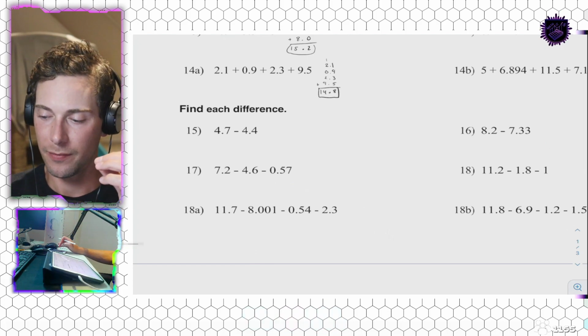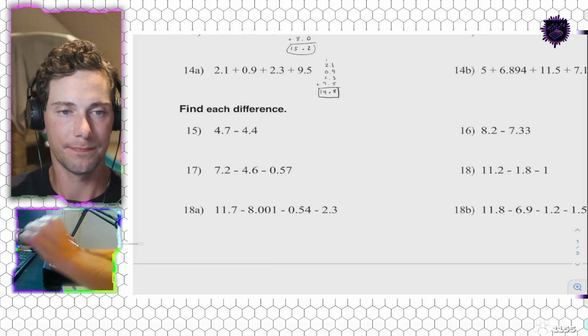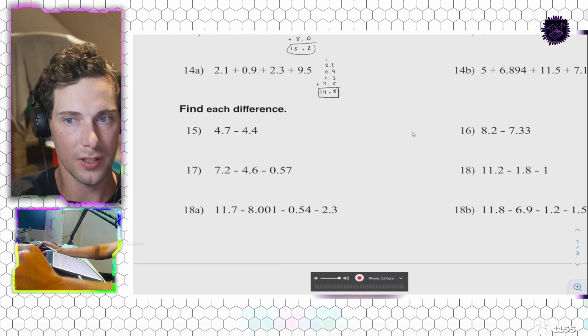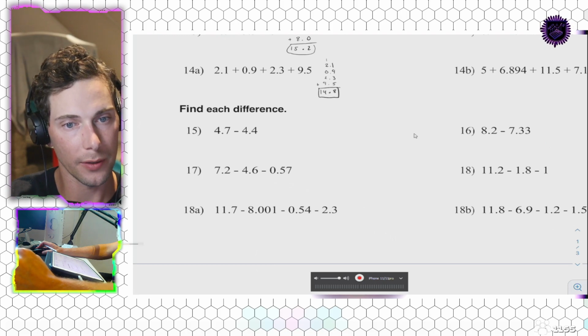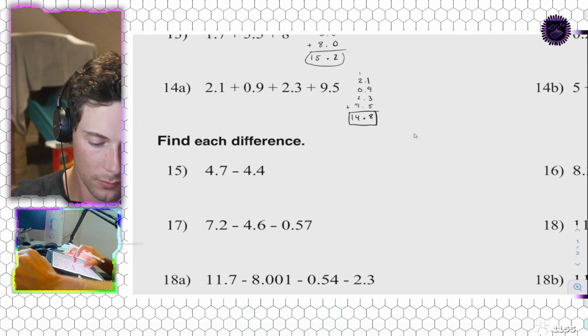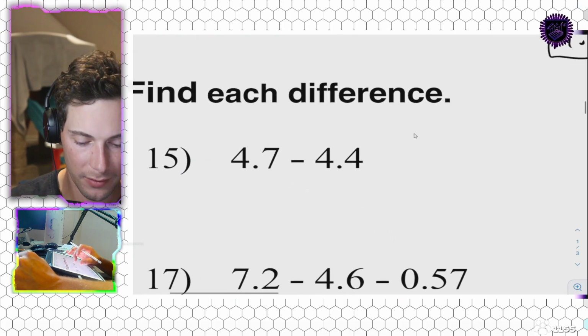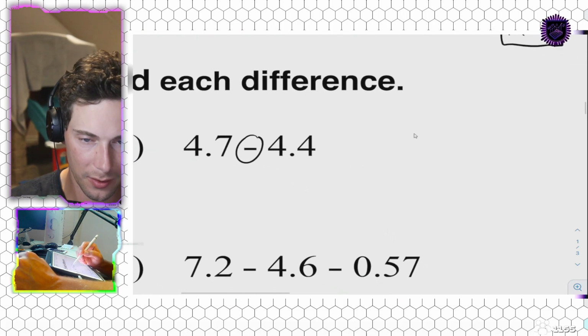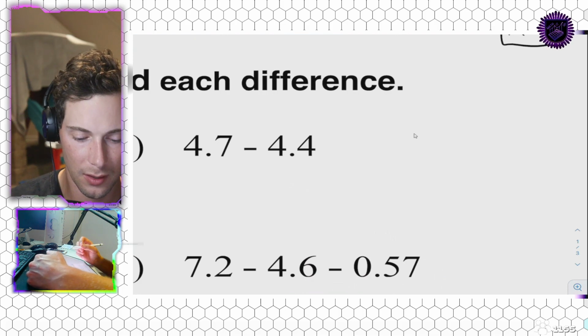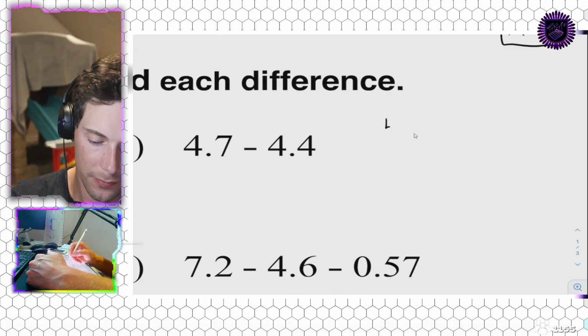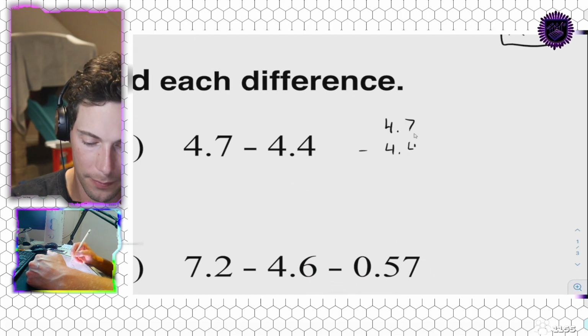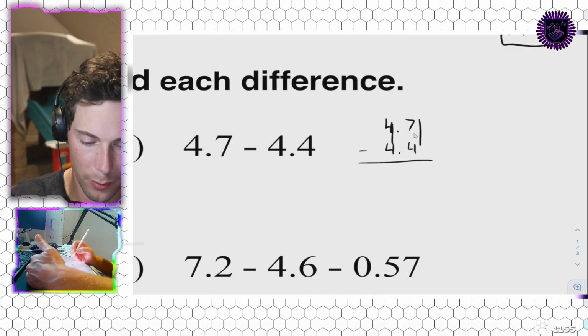Question number 15. 4.7 minus 4.4. Find each difference. Difference means subtraction. You all know what the subtraction sign means. Let's write it vertical. 4.7 minus 4.4. 7 minus 4, and then 4 minus 4.